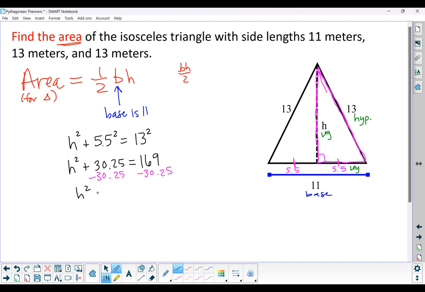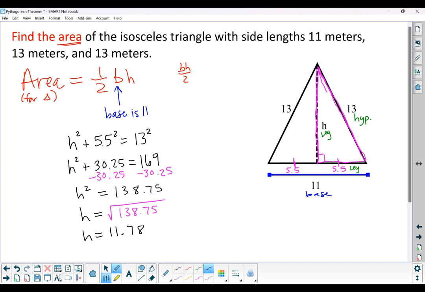So we get h squared is equal to 138.75. So to get our final answer, we need to take the square root of 138.75. And I got for my height 11.78. I think 2 decimal places is probably fine.